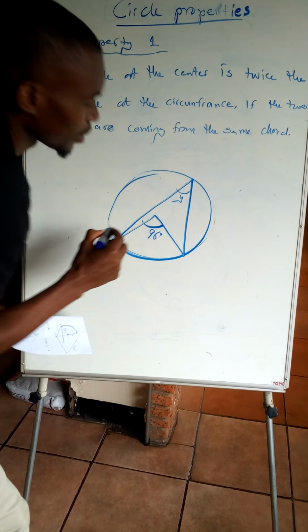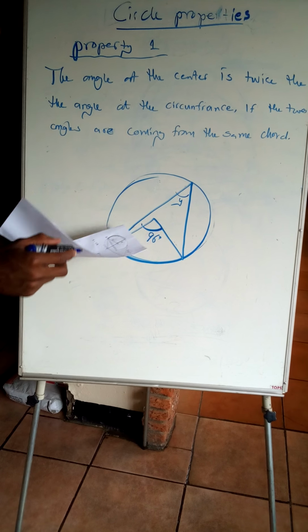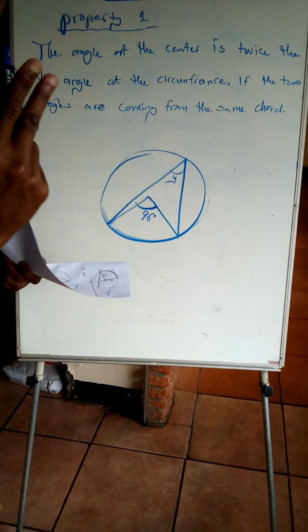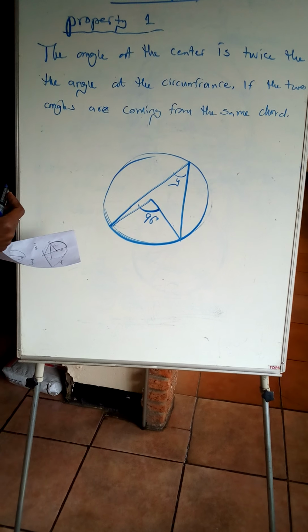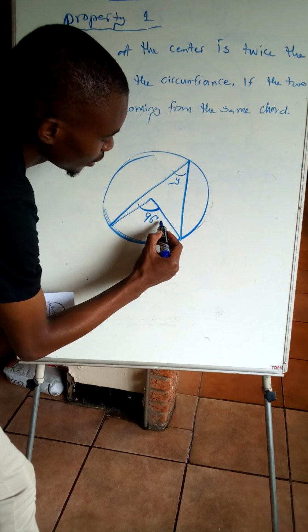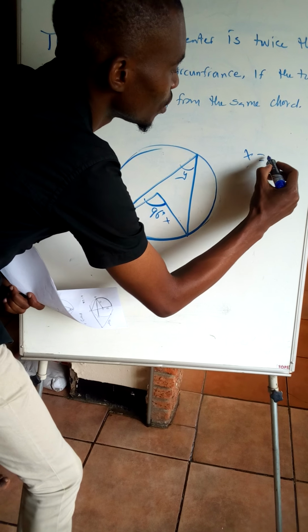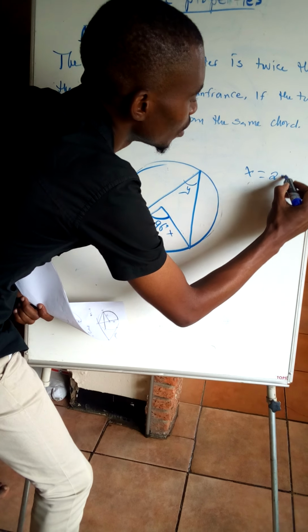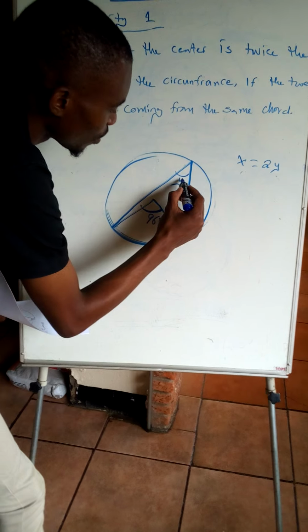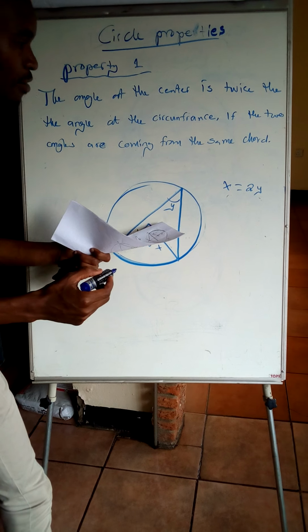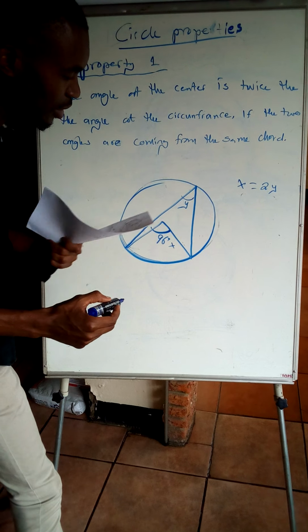Find angle Y. Since we said the angle at the center is 2 times the angle at the circumference, let's say this is angle X. So angle X is equal to 2 angle Y. Now we want to find angle Y having X to be 96.